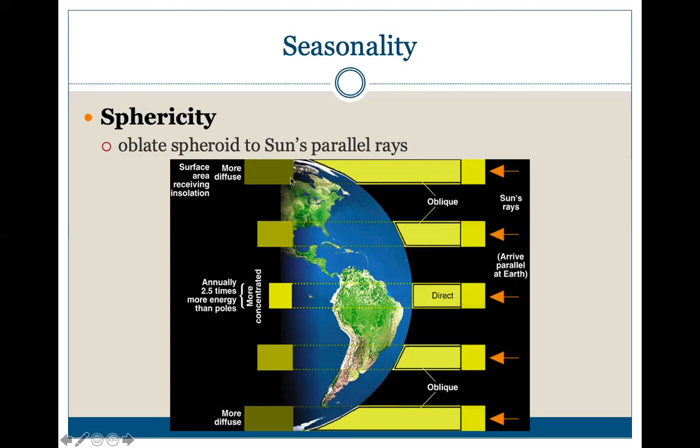And finally, at the poles, it's going to be over a much larger area, more diffuse lighting, and much weaker lighting. The light also has to pass through a deeper and deeper amount of pathway through the atmosphere. So that also contributes to the poles being constantly in a deficit of light compared to the tropics.